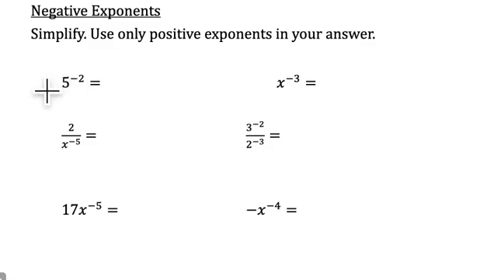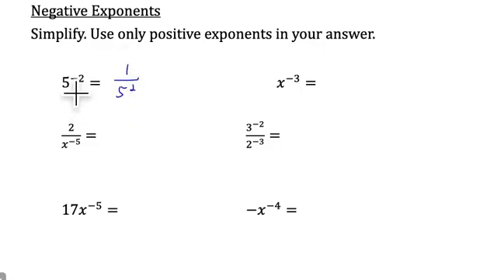Now, negative exponents actually have nothing to do with negative numbers. They have to do with fractions. And it tells us when a number or a term is in the wrong location in the fraction. So 5 to the negative 2nd power really means, well, make a fraction and move the 5 squared to the denominator. Well, since the numerator was empty, I filled in with a 1.